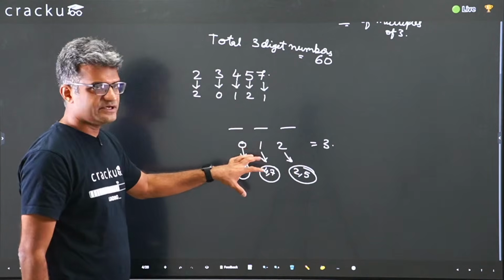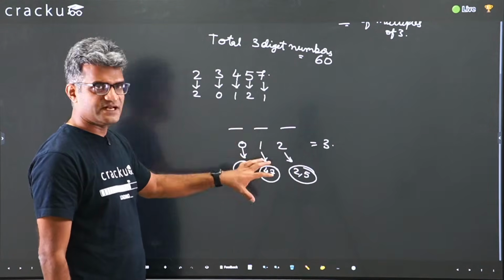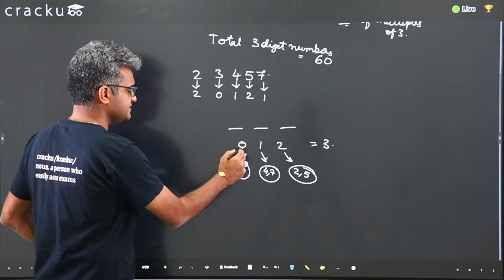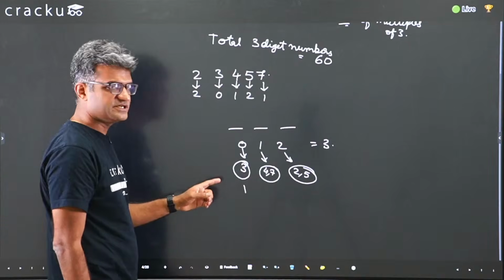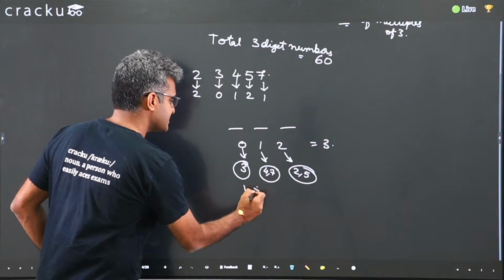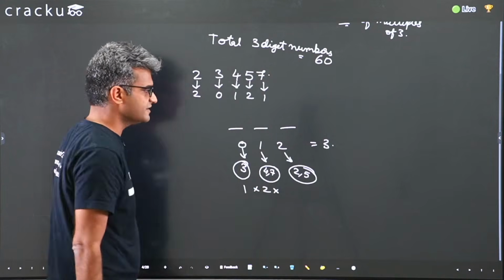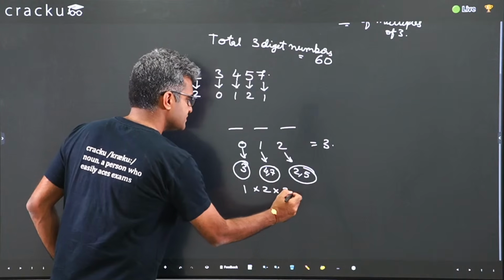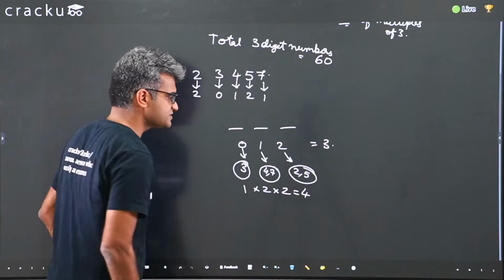So the 3 numbers that are actually being selected, in how many ways can they be selected? The remainder 0 can be selected in one way. It has to be 3. When the remainder is 1, this number can be selected in 2 ways. It can be 4 or 7. When the remainder is 2, it can be selected in 2 ways. So there are 4 ways of selecting those 3 numbers.